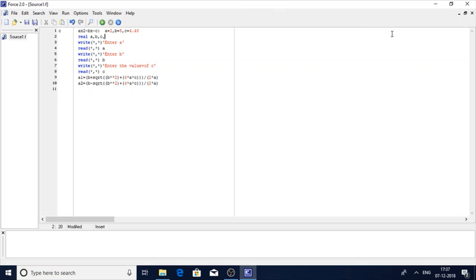So that's why I am writing it as a1 here and a2. It can be float or integer. And if all my values are integer, then I have to write integer in place of real. All right.